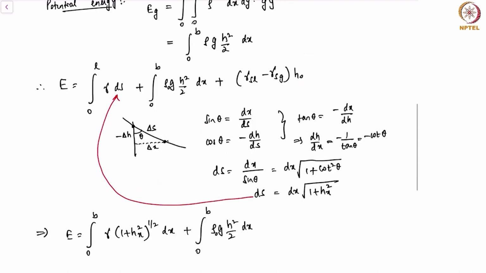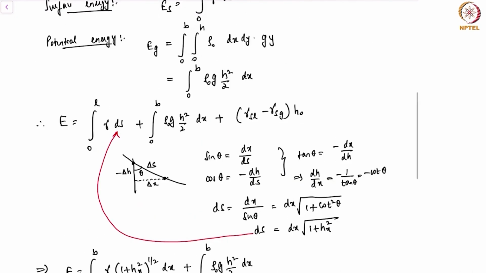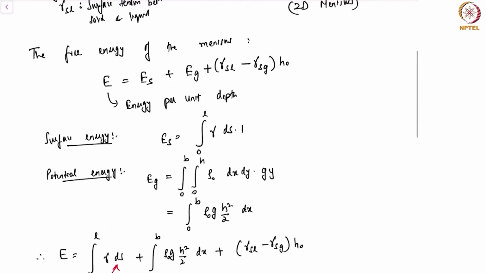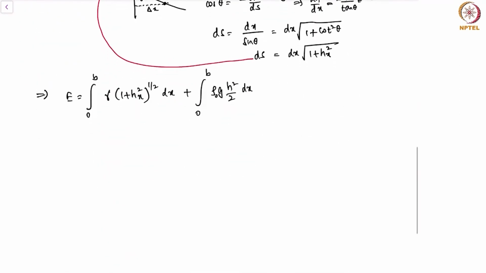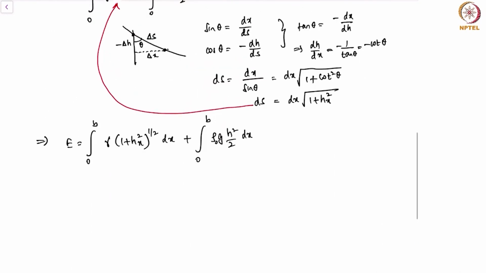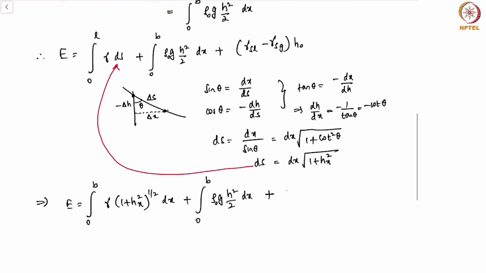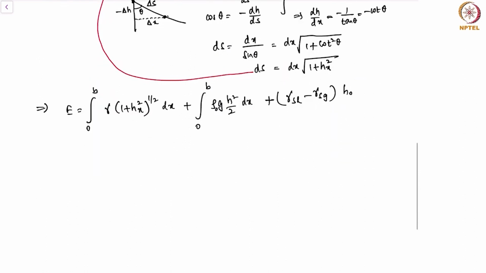So rho is always rho naught for us. Even if I do write rho in these problems, please assume that it is rho naught. That's the density, constant density. So this is what we have, plus we have the surface energy terms, gamma SL minus gamma SG times H naught, right?